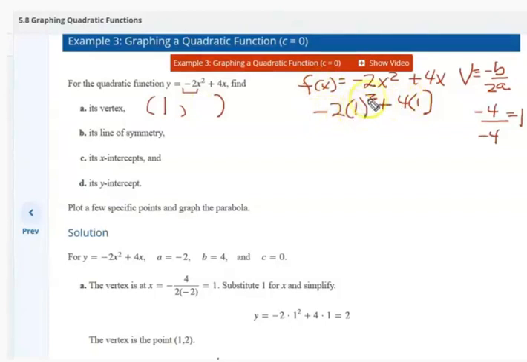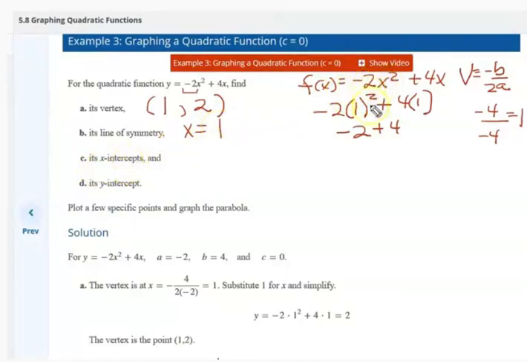So 1 squared is 1. Negative 2 times 1 is negative 2, plus 4, and this becomes then a 2. So our vertex for this, and this would be the maximum, because a is negative, it's going to open downward. Now, what is our line of symmetry? The axis of symmetry. Well, it's whatever the x coordinate is. So x equals 1.